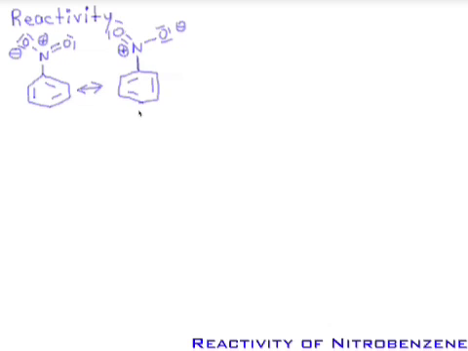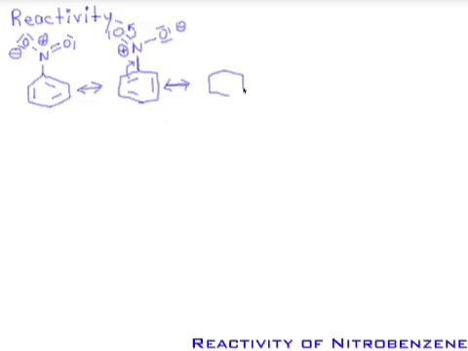But what's interesting about nitrobenzene are the minor contributors we can draw, where we move pi electrons towards the nitrogen, the positive charge. Pi electrons move towards the positive charge.